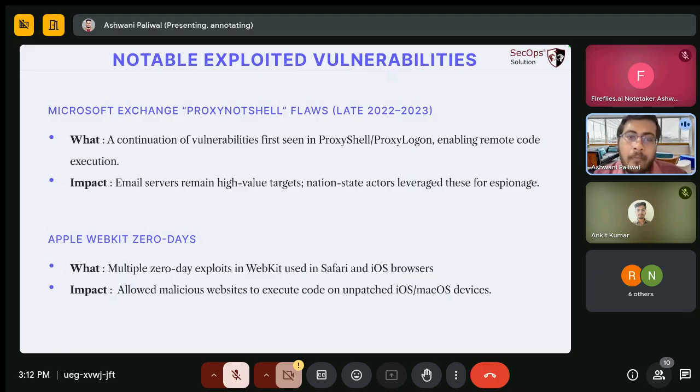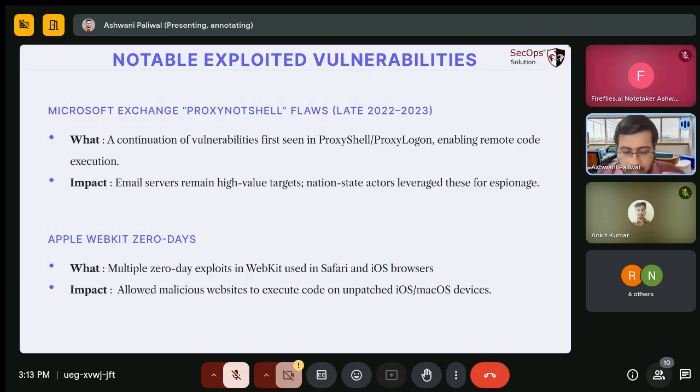And relatively within the circles of security, we understand that Mac is not that secure, but otherwise you have that notion that probably anything coming out of Apple or Mac is relatively secure, which is highly untrue. And we have constantly seen WebKit related vulnerabilities in Apple.